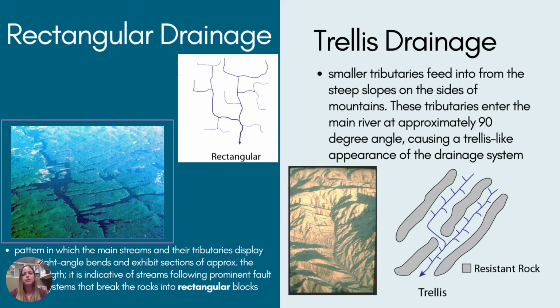With trellis drainage, we are looking at a bunch of small tributaries that are feeding a single tributary in the center. So we have resistant rock and then water that is coming off of those rocks, and then it's meeting a central point and then going down slope. So we're usually seeing a 90-degree angle between the smaller tributaries and the main system that is flowing downhill.